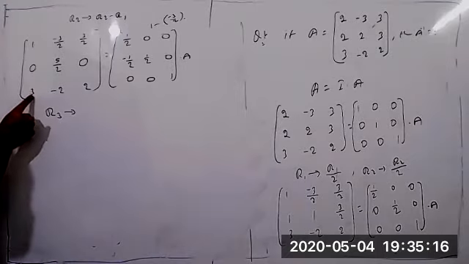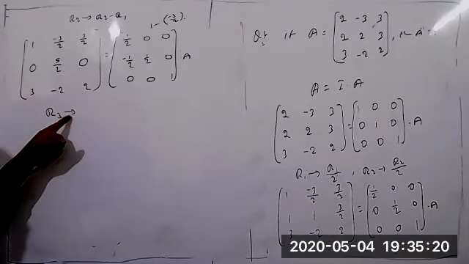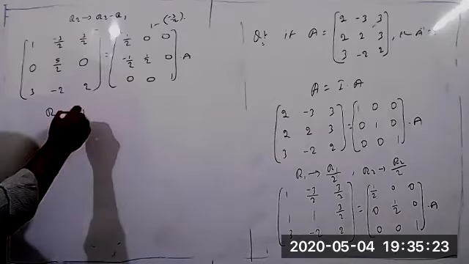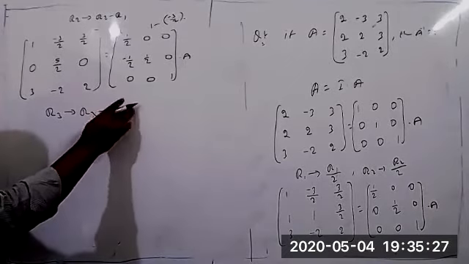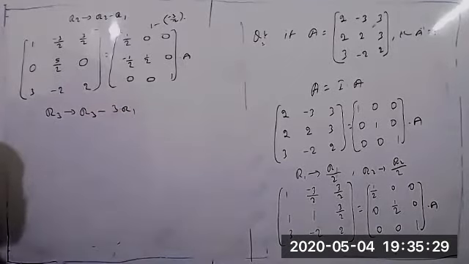Here we have to get 0 again. Then how do you get 0? R3 such that I am taking R3 minus 3 into R1. 3 into R1. It's correct now?